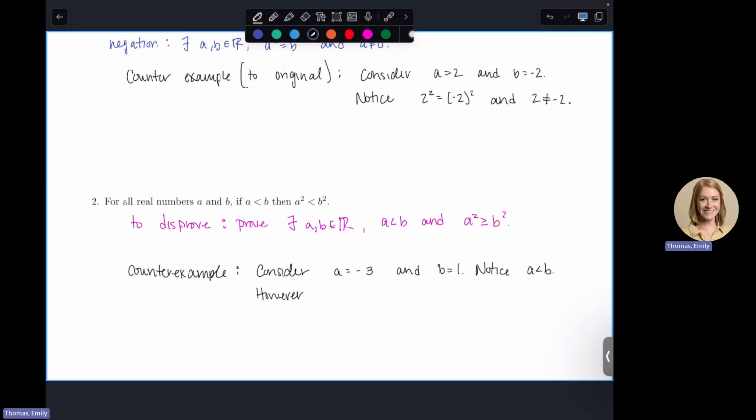Y'all see this? Notice a is less than b. However, a squared is not less than b squared, since, I don't like how I've organized this. -3 squared is 9, and 1 squared is 1.